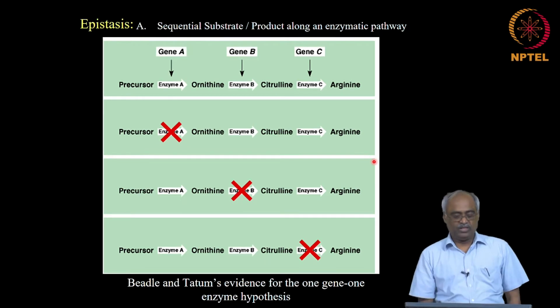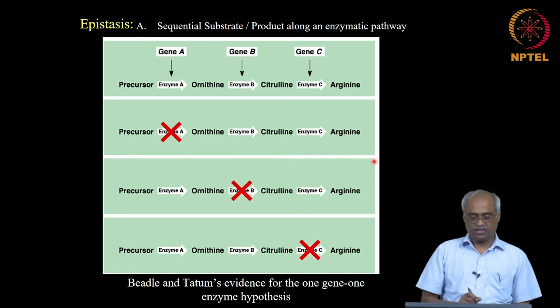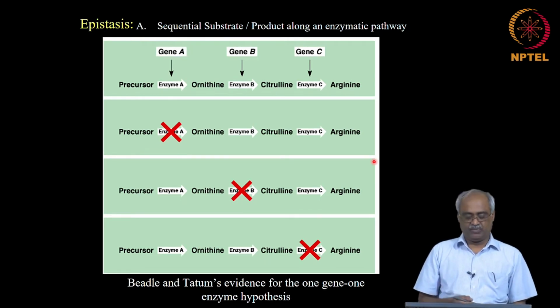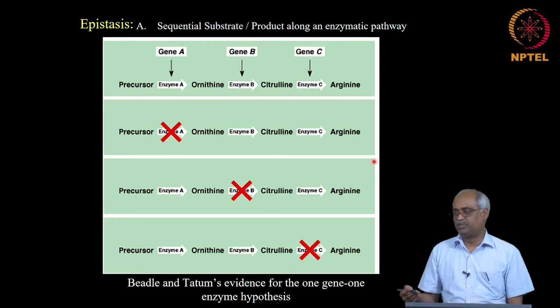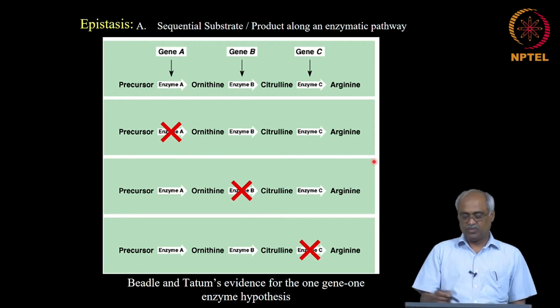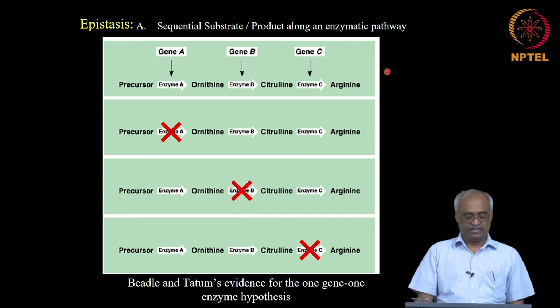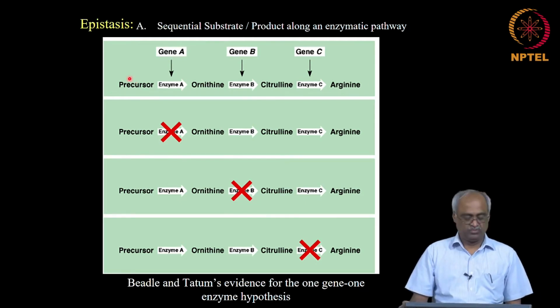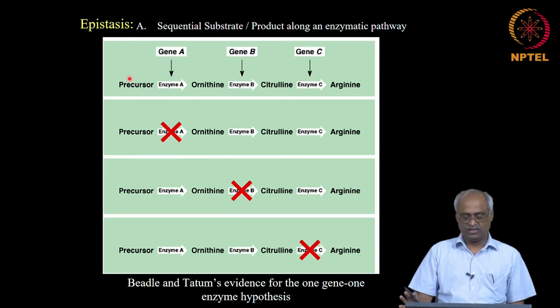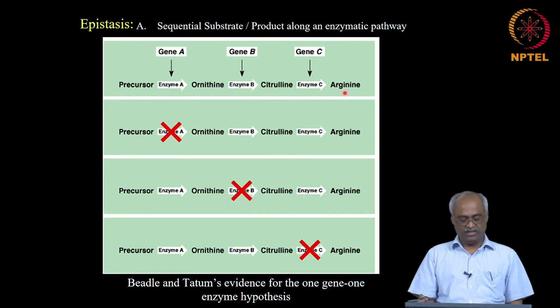So, here they have mutations. The way they are checking phenotype is what is the precursor you need to give or what is the product being made. For example, wild type grows as long as you have some ammonia, some nitrogen source, a precursor, then from that it can make the intermediates to make this amino acid arginine, right.